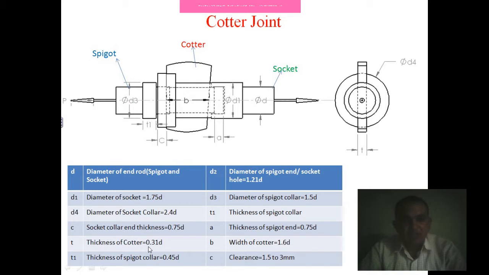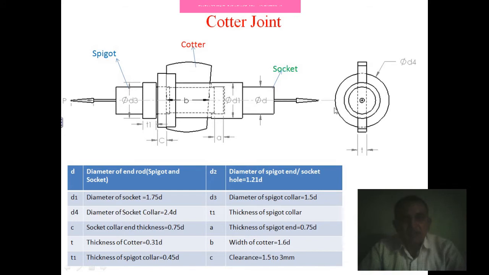The thickness of the cotter is t, 0.31d. Thickness t1 is the thickness of the spigot collar, and d3 is the diameter of the spigot collar. a is the thickness of the cotter end, b is the width of the cotter, and c is the clearance. These are the various notations for the spigot, cotter and socket.